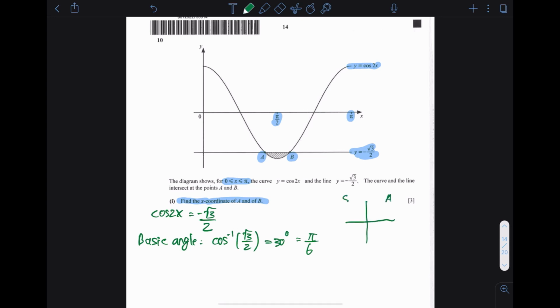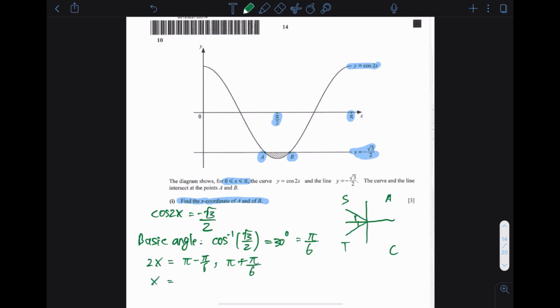So this is cosine to be negative. If that's the case, we need to find out the areas where cosine is negative: quadrant 2 and quadrant 3. Therefore, this is the pi over 6, the angle. Hence, the angle of 2x equals pi minus pi over 6, and then pi plus pi over 6.